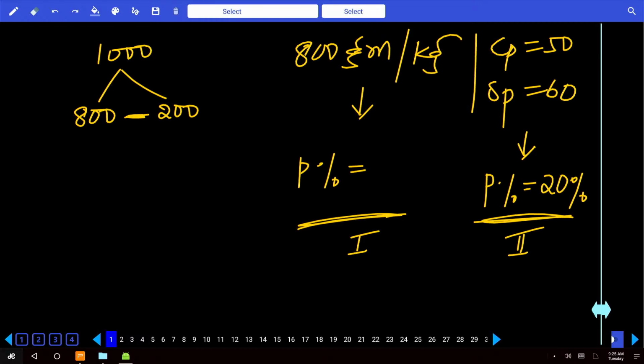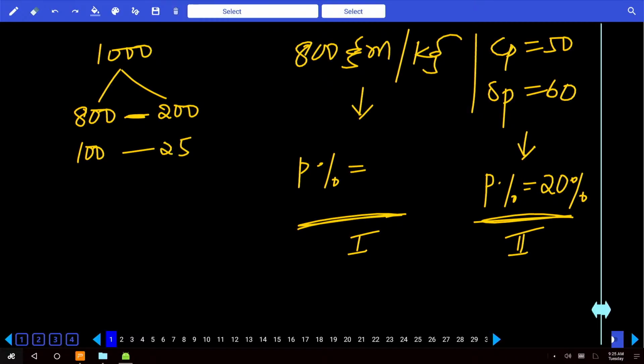And we would like to calculate percent. Per cent. Cent meaning 100. Per 100, it is 800 to 100 relation, divided by 4. 100 divided by 4 is 25.